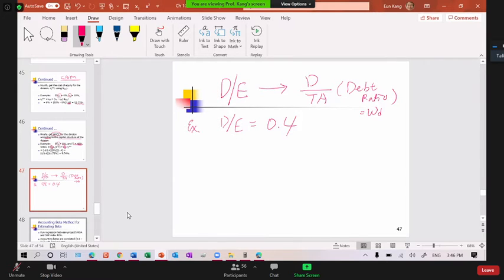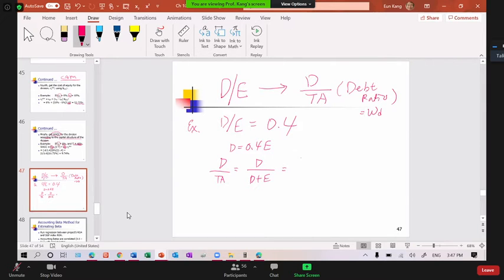Then the long way: D over E is 0.4, so D is 0.4 times E, right? Then D over total asset is D over D plus E. Total asset is D plus E, right?